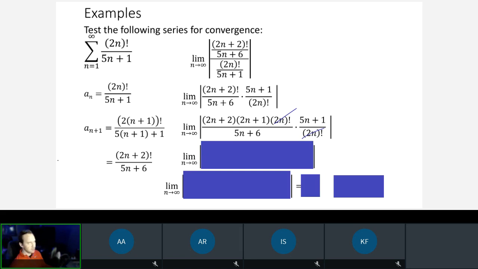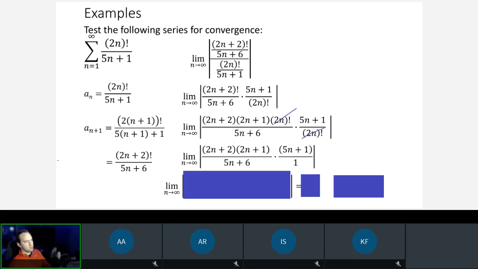Can I cross anything out from these two? No, I can't, because they're terms. The factor is 5n plus 1. The factor is 5n plus 6. I don't have matching factors in the numerator and denominator, so I can't do anything with them. Sad, but true. All right, so the numerator, I am down to that.